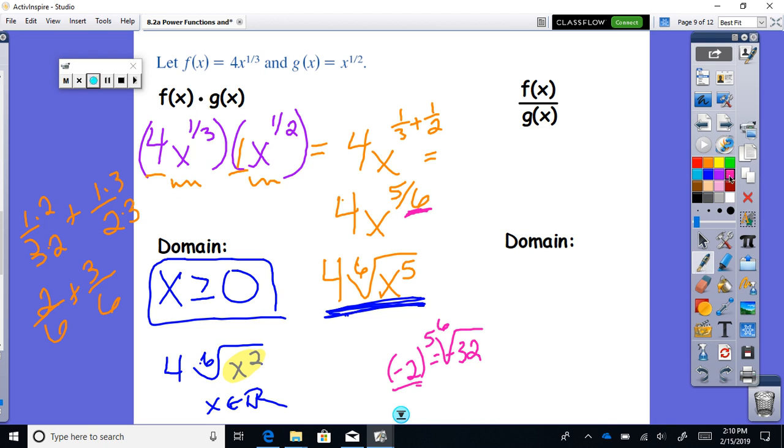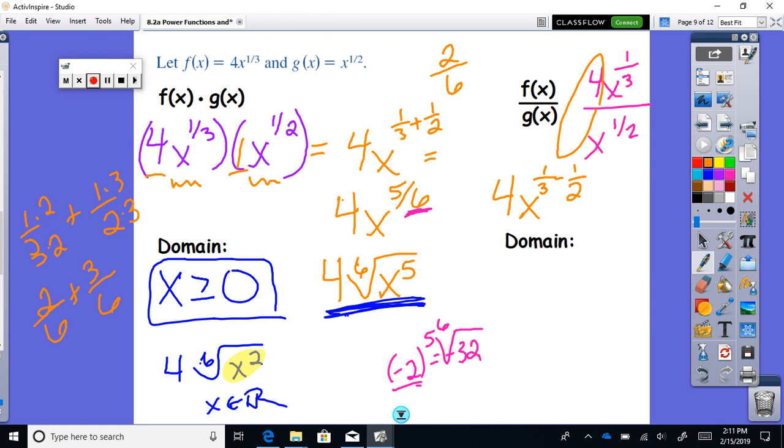All right, part B, we're dividing the two. So 4x to the 1/3 divided by x to the 1/2. So here I need to use my quotient rule. First, 4 divided by 1 is 4. Then x, the quotient rule says you subtract the exponent. So 1/3 minus 1/2. Remember that 1/3 was 2/6 and 1/2 was 3/6.